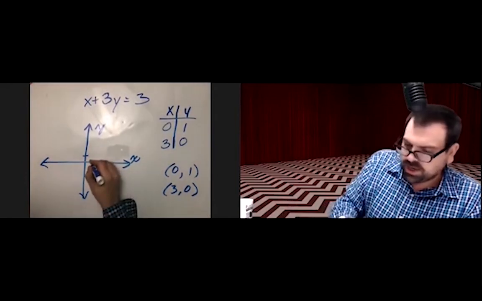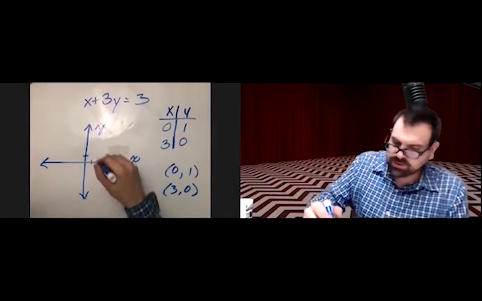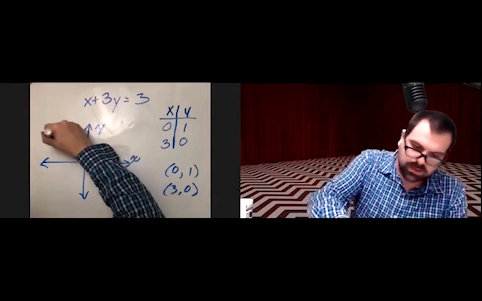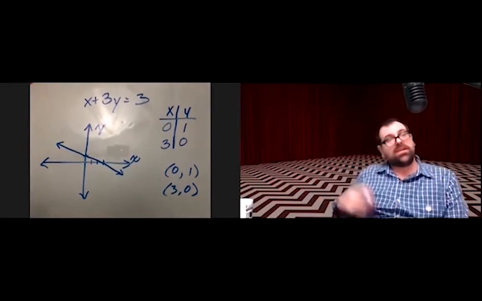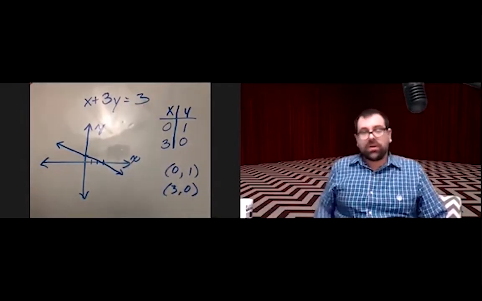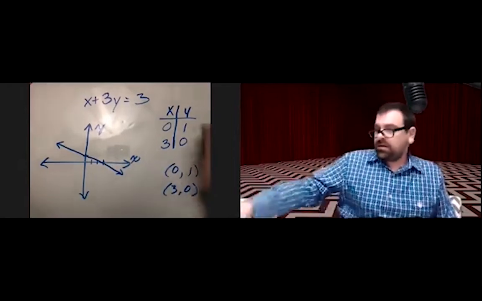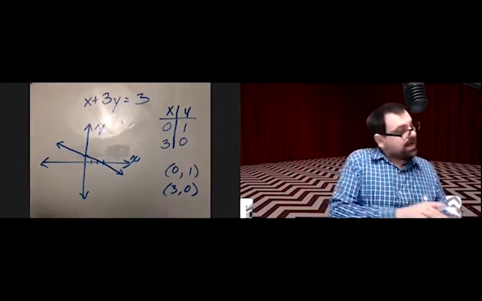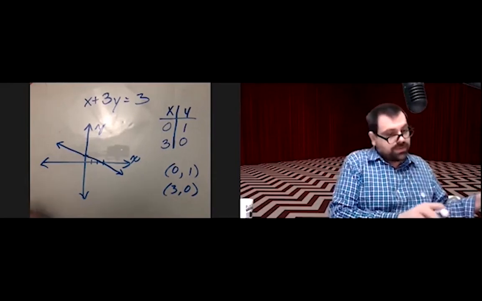No movement for the y, but 1, 2, 3 to the left. There's our 2 points. And we draw our line through them. It's the same one as the one we did with those 5 points. But we didn't have to do any weird solving this way. All we do is plug 0 in for x to get one of the points, plug 0 in for y to get the other one of the points.